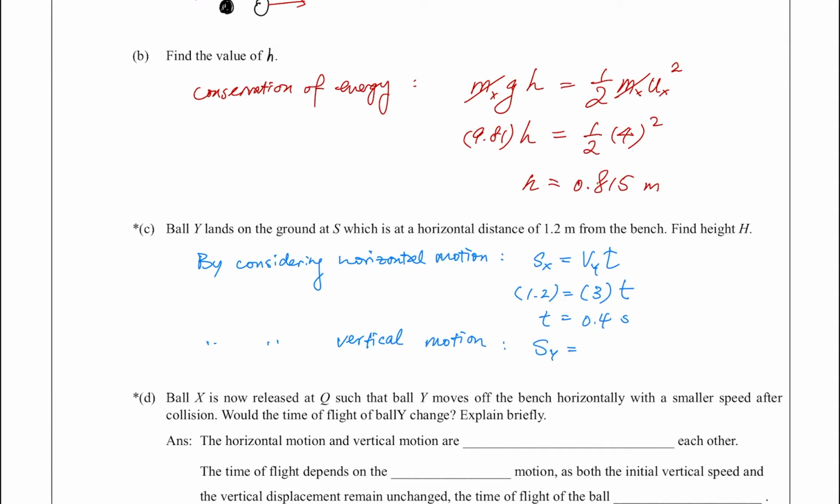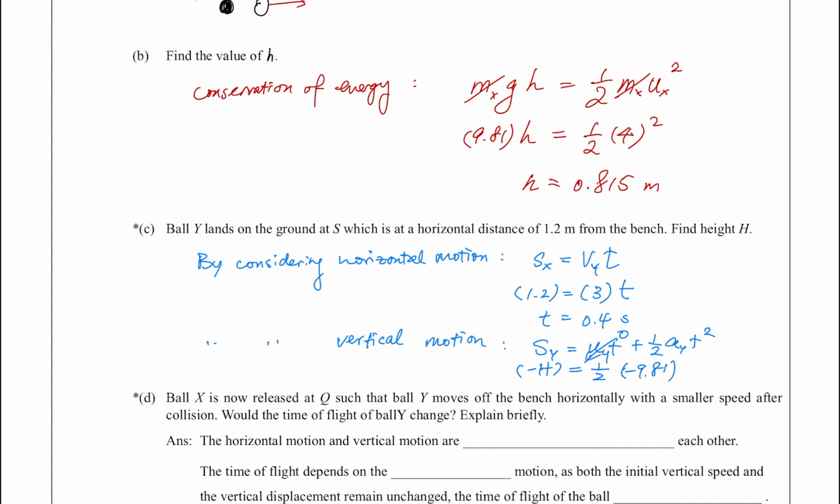We use the equations of motion. Don't forget that because it is a horizontally projected particle, Uy is 0. Sy is the displacement of the ball during this 0.4 second, so it is equal to the height of the bench h.